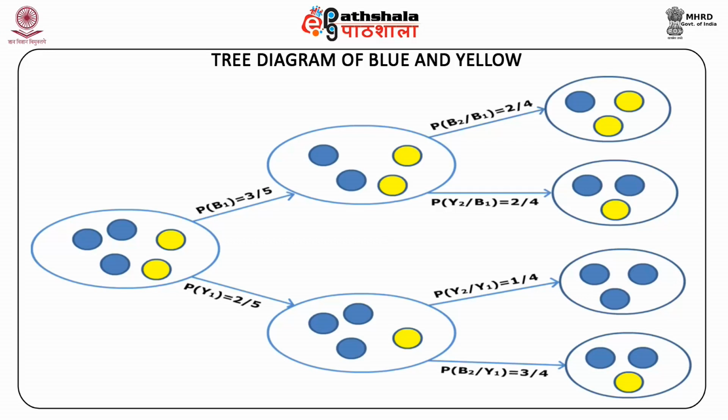Probability of B2 given Y1 is equal to the probability the second ball drawn is blue given the first ball drawn is yellow, which is equal to 3 by 4. Thus, given this tree diagram, branch probabilities are conditional on the previous event.